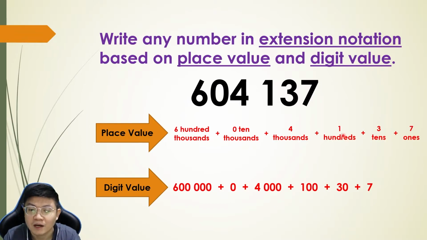Okay, plus 100, 2 zeros, 30 and 7. So this one is actually digit value. Now check carefully between these two, place value and digit value. One is by the name, the other is in numeral.